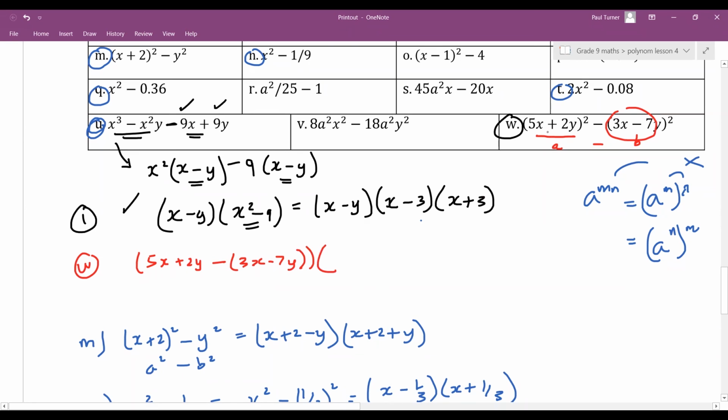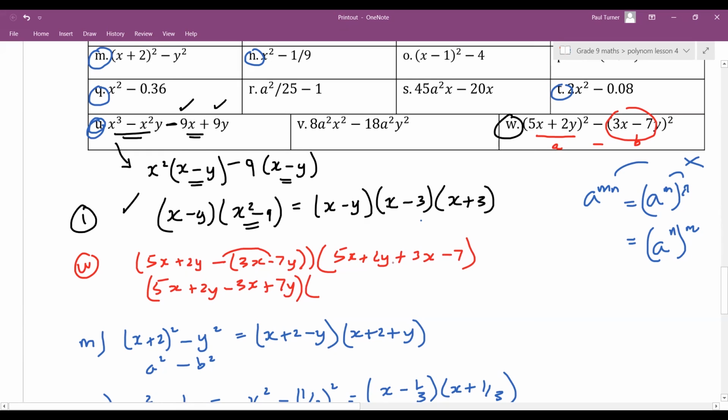And your other factor, 5x plus 2y, and then you add 3x minus 7y. I did that because you need to subtract the negative 7y too. So this is 5x plus 2y minus 3x minus negative 7y is plus 7y. Many students miss this point here, so be careful about that.